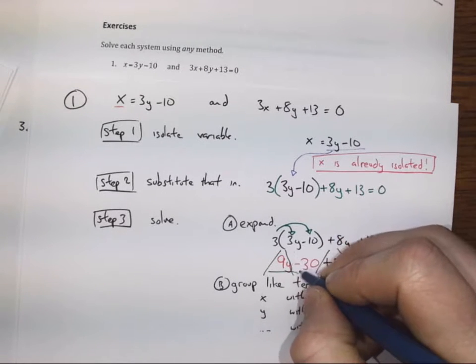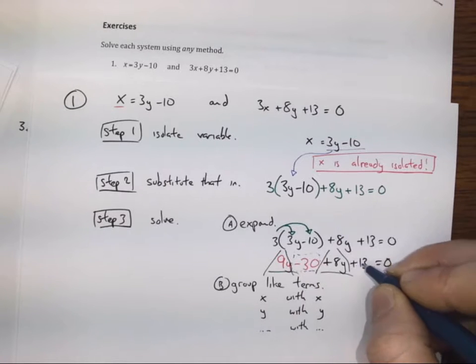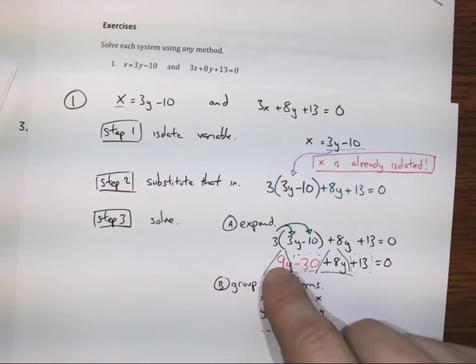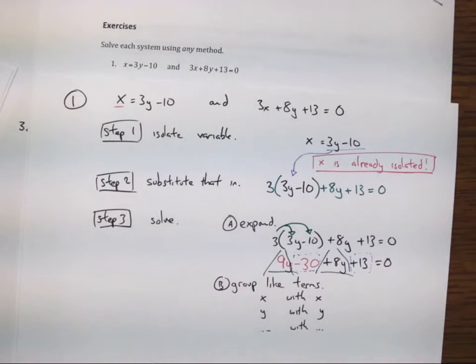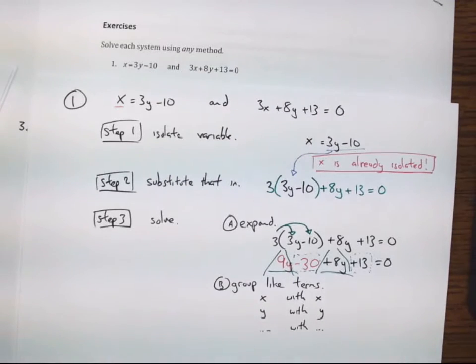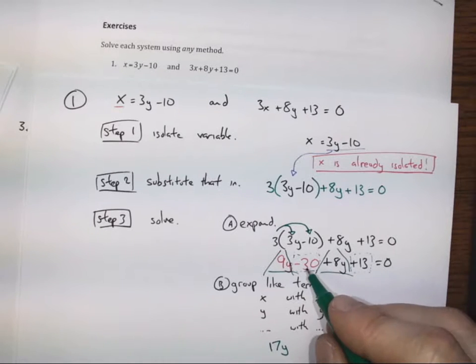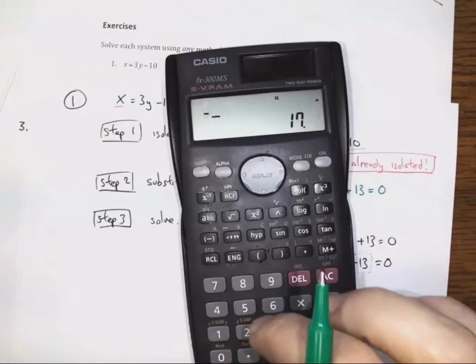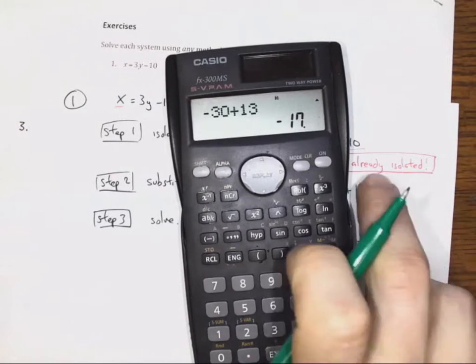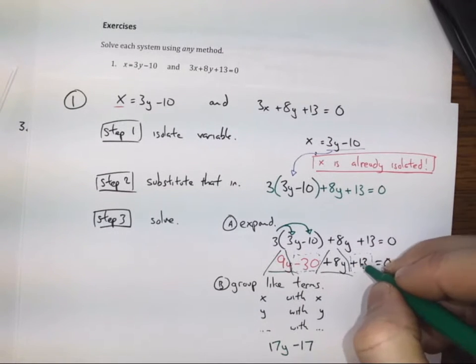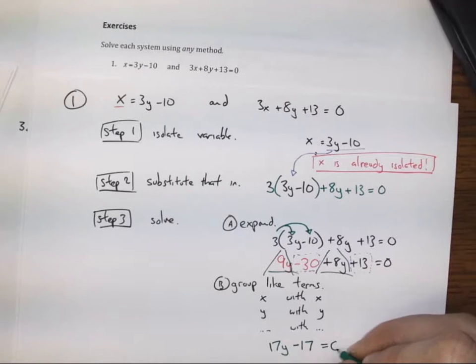And we have a negative 30 and a positive 13. Okay, so I'm going to get 9 plus 8. And if I wasn't sure, I would put that in the calculator. And I get 17. So we get 17y. And negative 30 plus 13. Negative 30 plus 13 is negative 17. Minus 17. I'm going to still write the rest of the line. We have an equals 0 here.